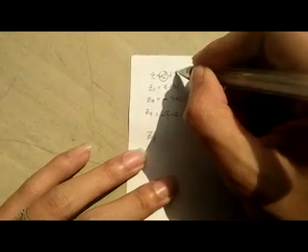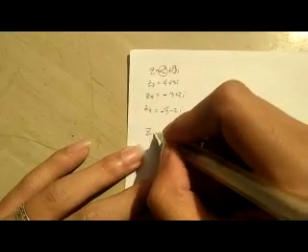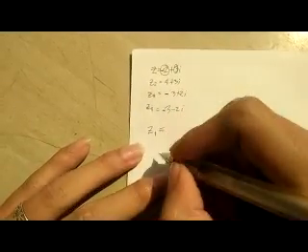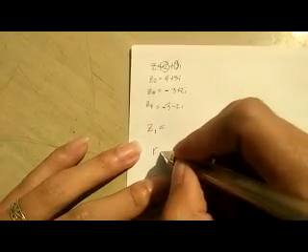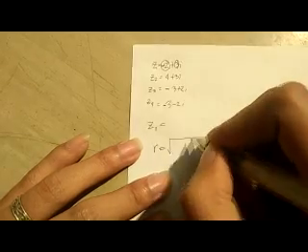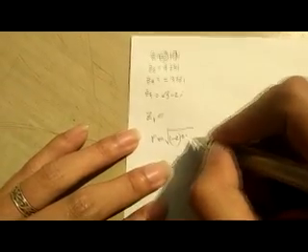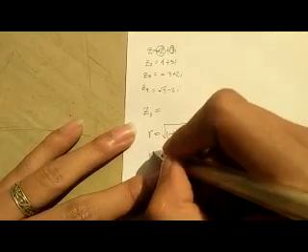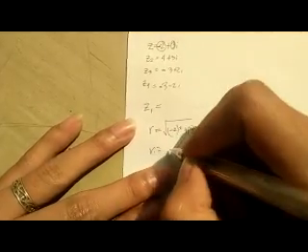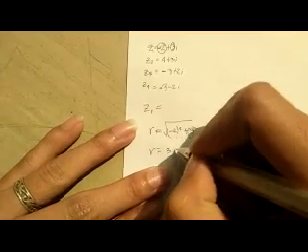So z1, there's negative 2 and there is 3. First we are going to get the radius. R is equal to the square root of negative 2 squared plus 3 squared. R is the same as a while ago, which is 3.61.